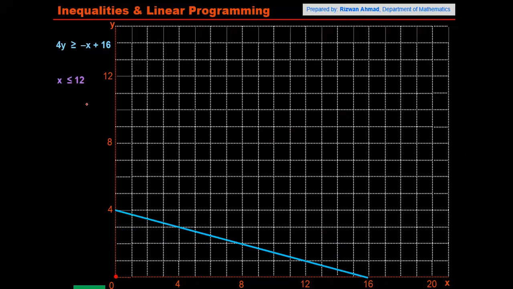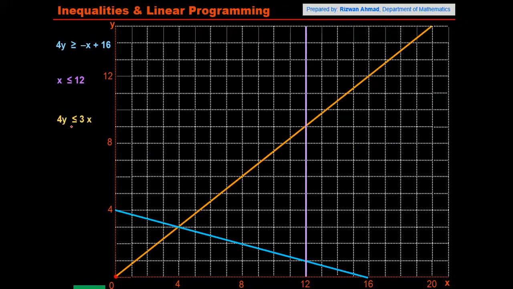Then this line we already have drawn, x less than or equal to 12, second inequality is this. We draw the line x is equal to 12, already we have done this. So 4y is less than or equal to 3x, so we already have drawn this in the previous page, is this one. So now we will shade the unwanted region for all the three inequalities.